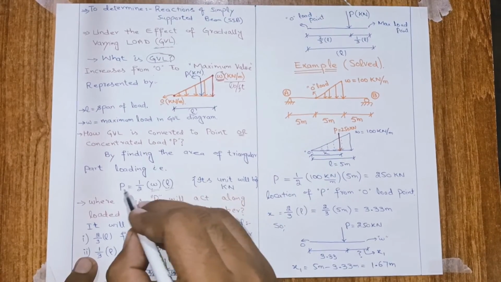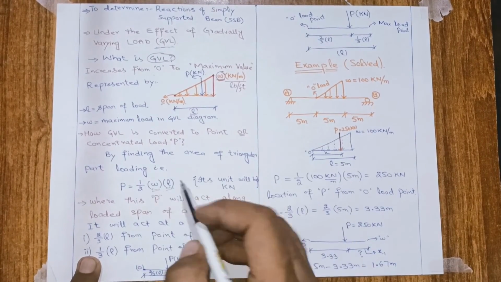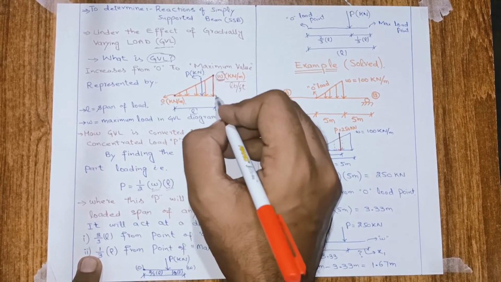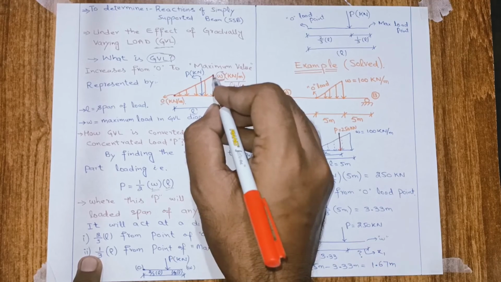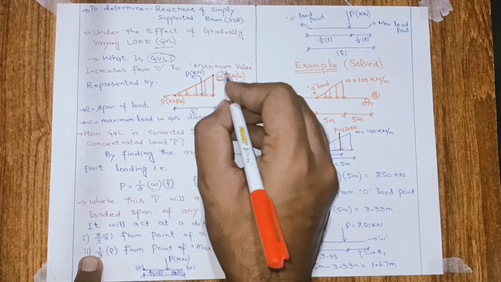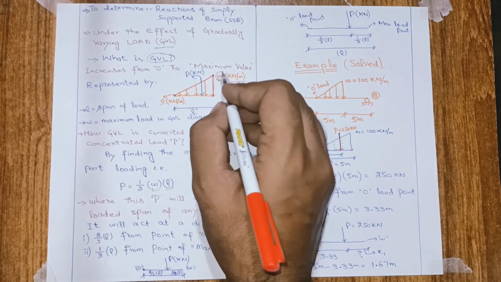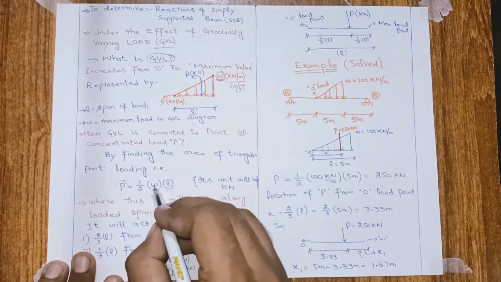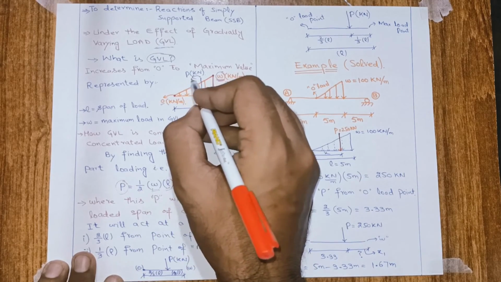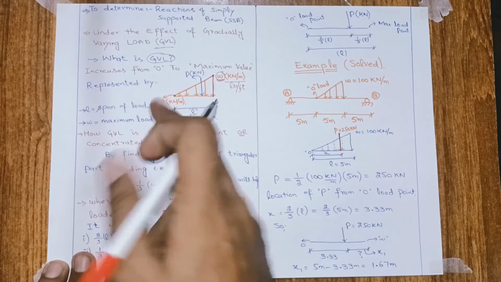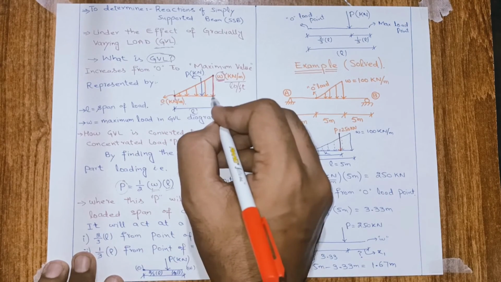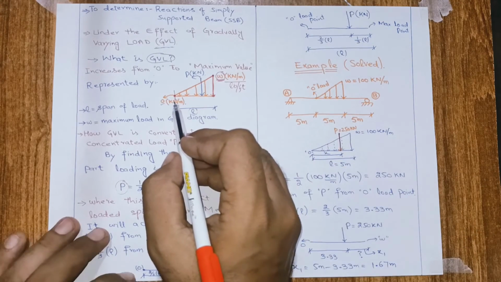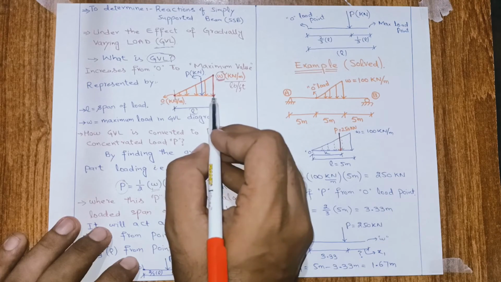After calculating the point load, the next question is where the point load will act. What will be the location of this point load? Suppose this is the triangular formation of GVL. When we convert this gradually varying load to a point load P, that is equal to 1/2 of W into L. This P will act at how much distance from the zero load point, or from the maximum load point?